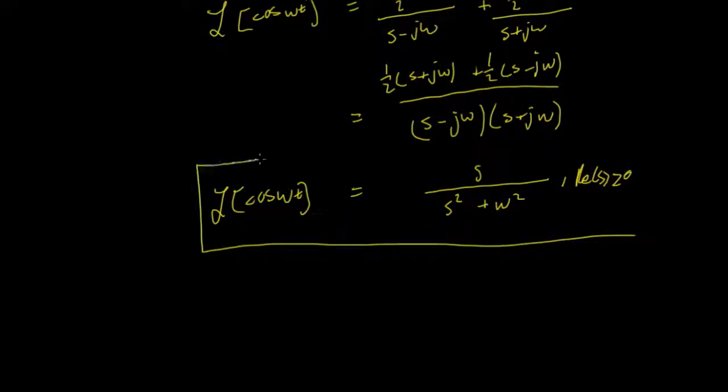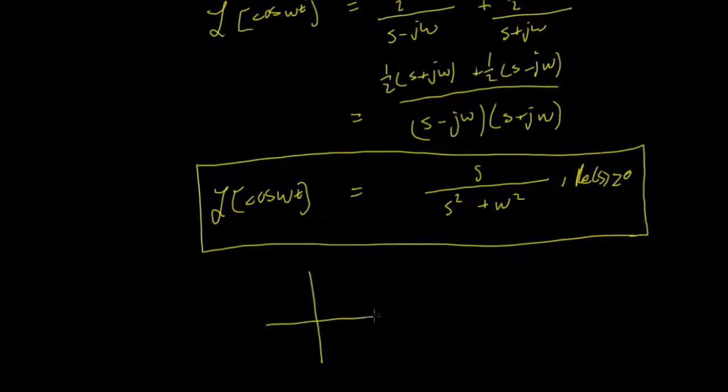We'll have a look at this in MATLAB, but first of all we'll draw it out and see what it is we expect to see. If that's sigma and that's j omega, we'll expect to see a pole whenever the denominator is 0, so that's when s minus j omega equals 0 and s plus j omega equals 0.